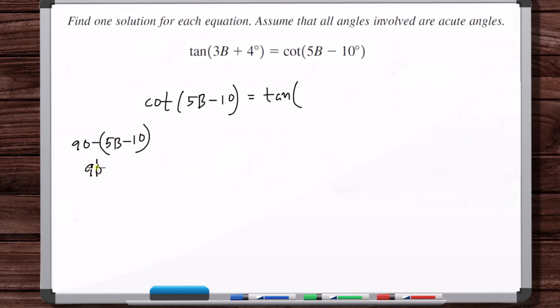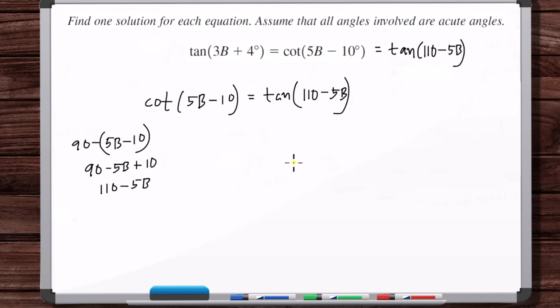So 90 minus 5b plus 10 is 110 minus 5b. Okay, now let's set 3b plus 4 equal to 110 minus 5b.